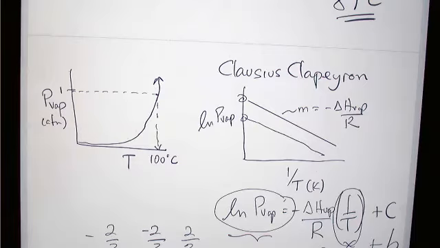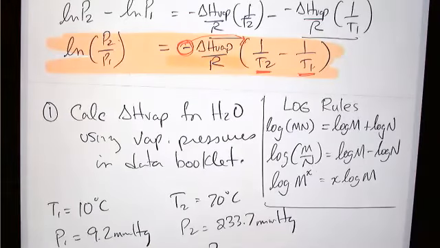Now, I didn't prove that, I just claimed it. Over here in the 2-point version, it's actually easier to see why it doesn't matter. Inside the natural logarithm, it's a P2 divided by a P1, which means the pressure units cancel.